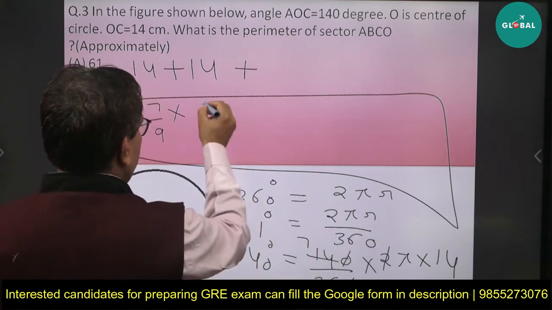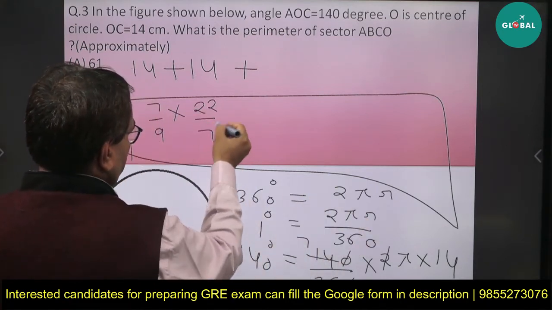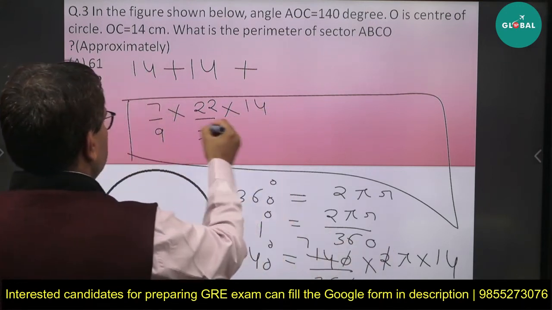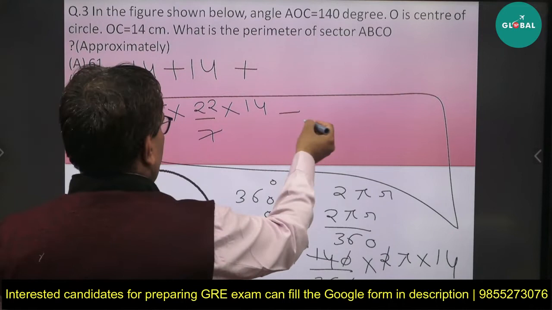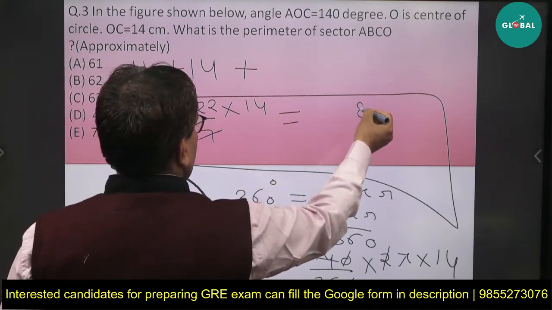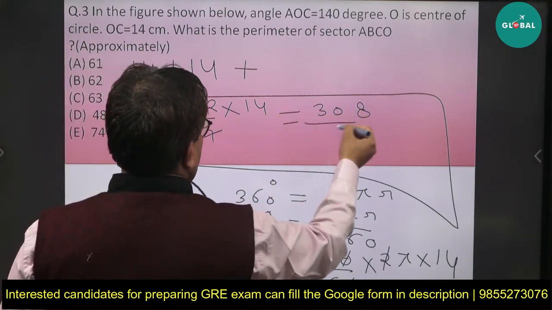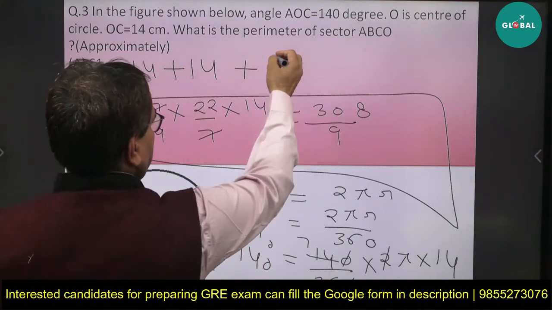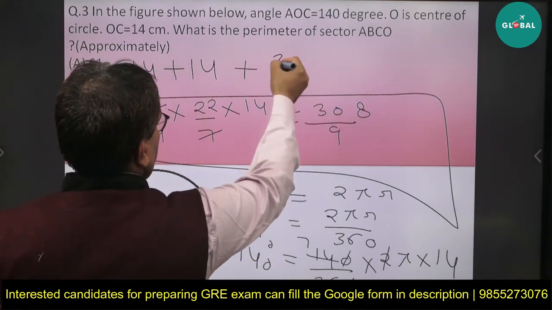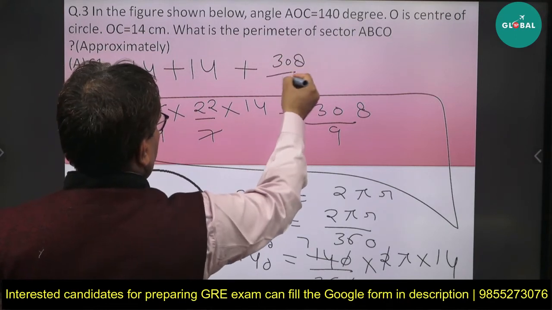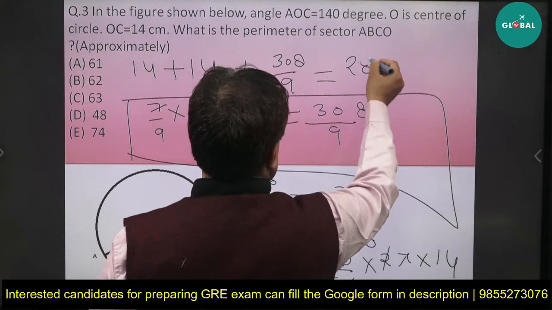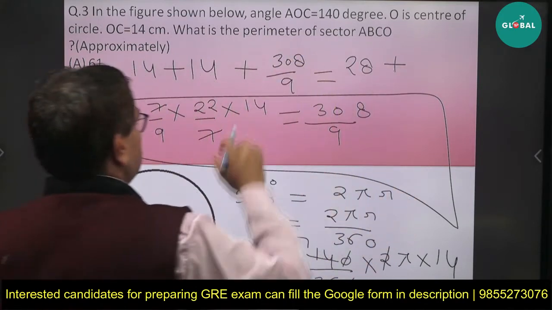Pi is 22 upon 7, or into this 14. 7 cancelled, so it is equal to 308 upon 9. So now we write here 308 upon 9. So 14 plus 14, 28, plus, how much is this equal to?